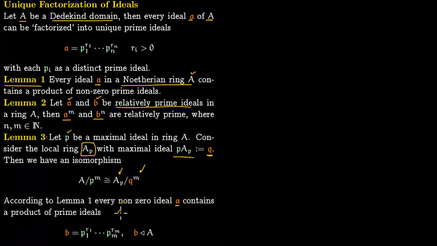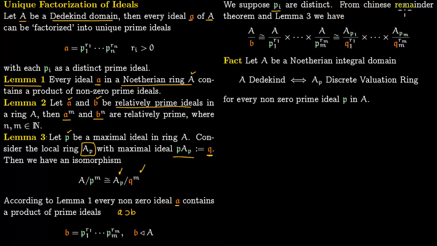So this ideal a contains another ideal b, which is a product of prime ideals P1^r1 multiplied by P2^r2 all the way to Pm^rm, where b is an ideal in A itself. Now we suppose that all Pi are distinct. Now from the Chinese remainder theorem, A modulo b is isomorphic to A over P1^r1 all the way to A over Pm^rm.